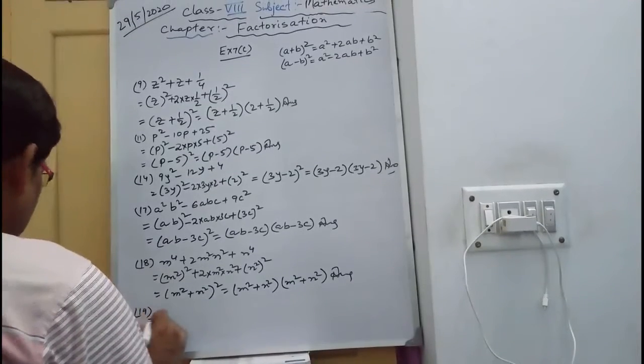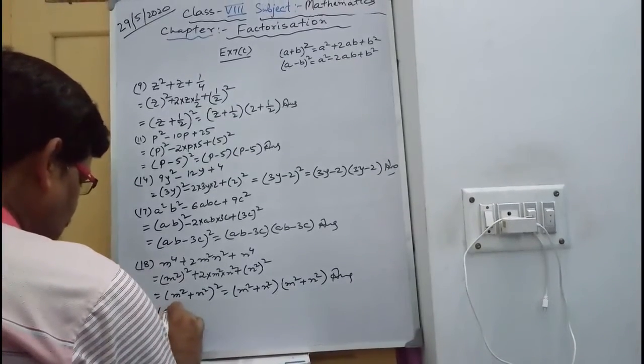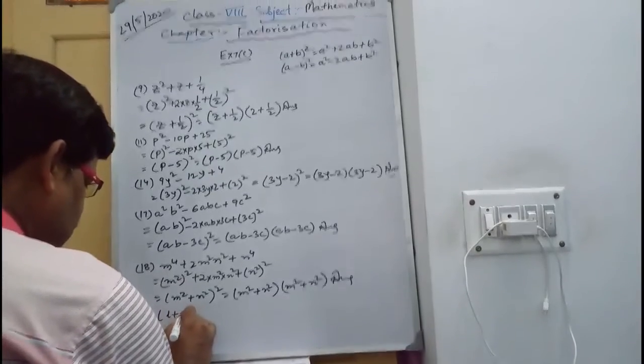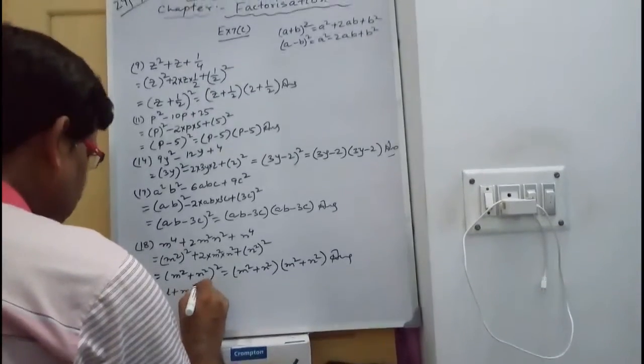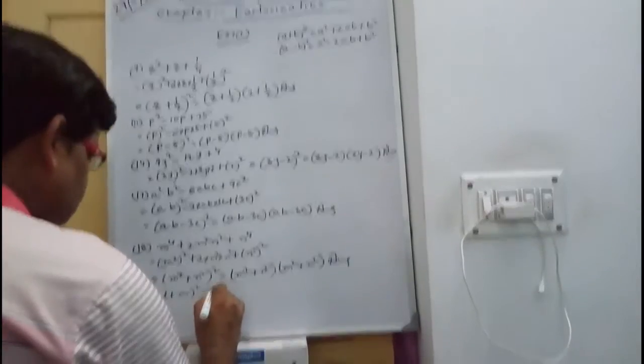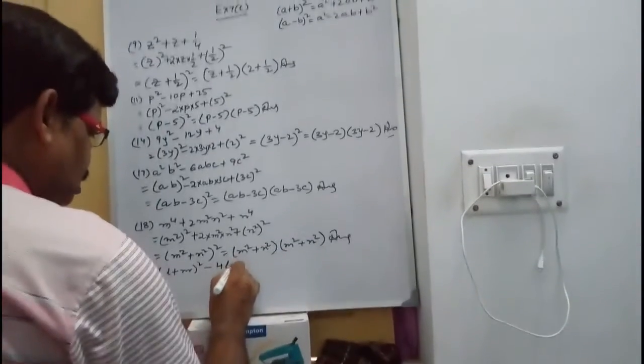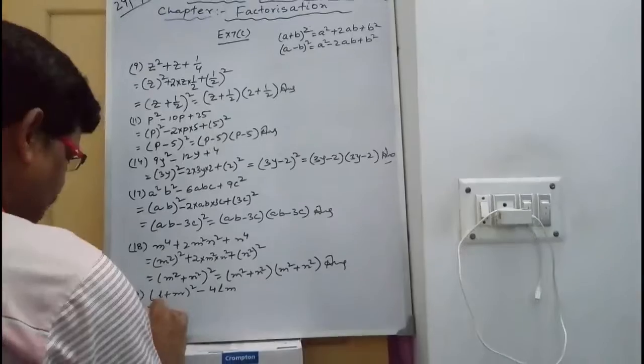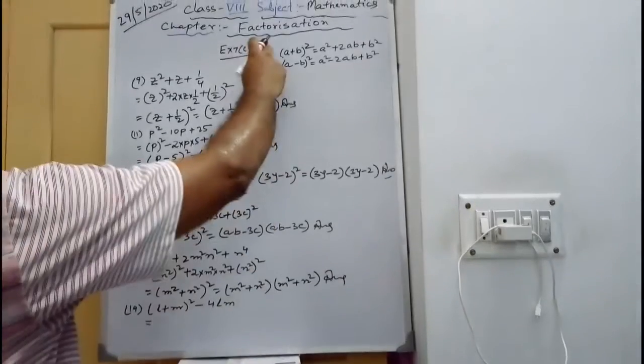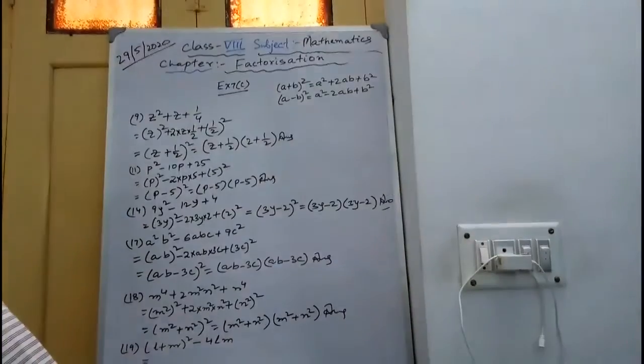Sum number 19, l square plus m square minus 4lm. So this one matches with that identity, (a plus b) whole square.